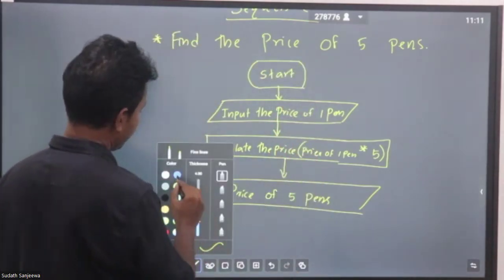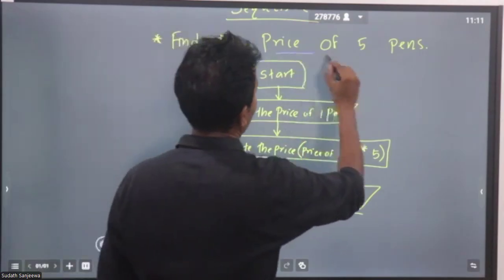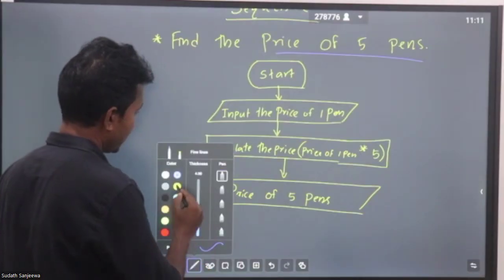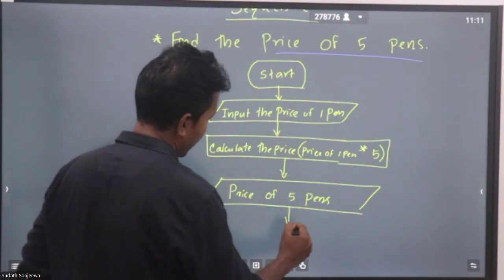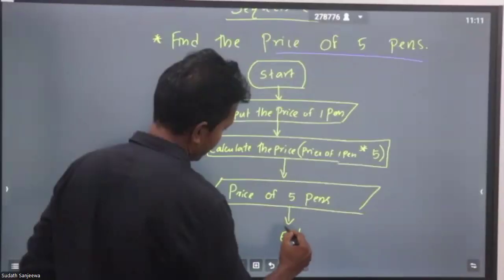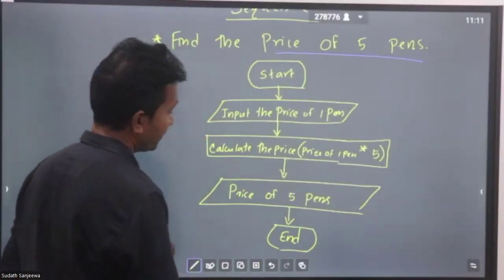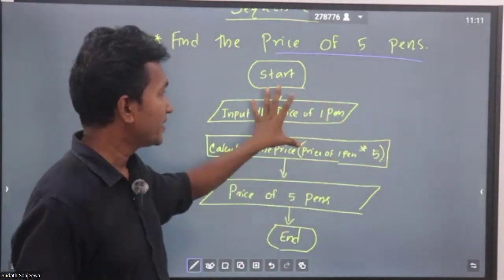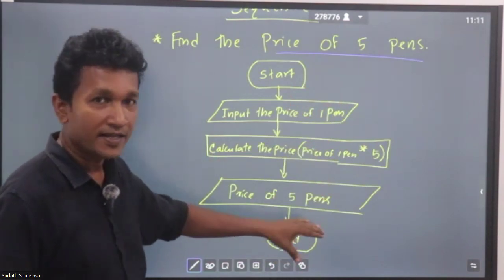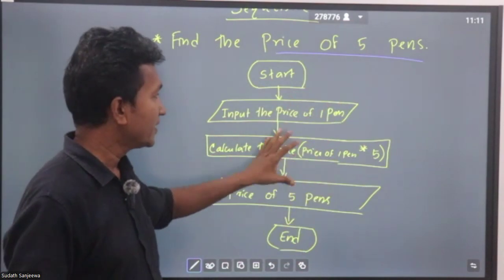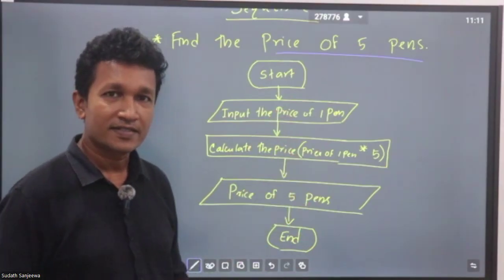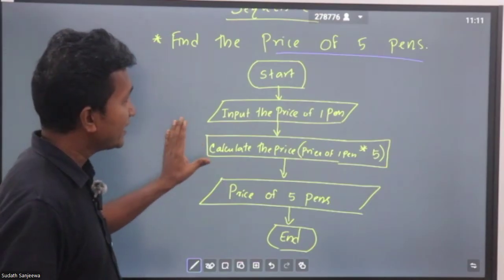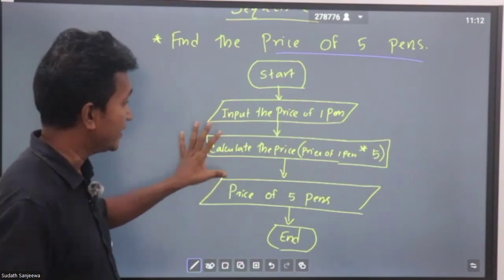We have to find the price of 5 pens. Finally, we get the price of 5 pens. Then we have to end the program. This is a simple sequence. Step by step, from start to end, there is a sequence, right? A simple flow, one step after another. This is a sequence type of flow chart. You can take this down. We have done this earlier, right?